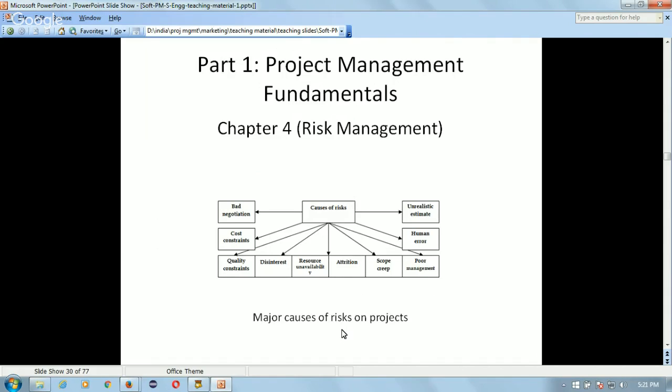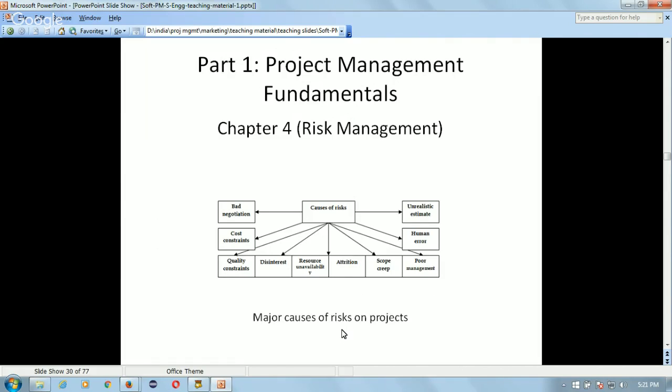Then cost constraints, like the budget was agreed by the customer, but they are not able to release the budget at the assigned time periods, and so the cost involved, like paying the software engineers, will not be possible, and again it can risk the project.